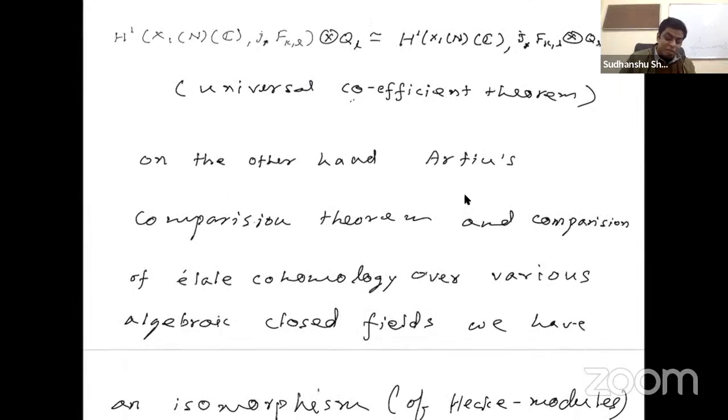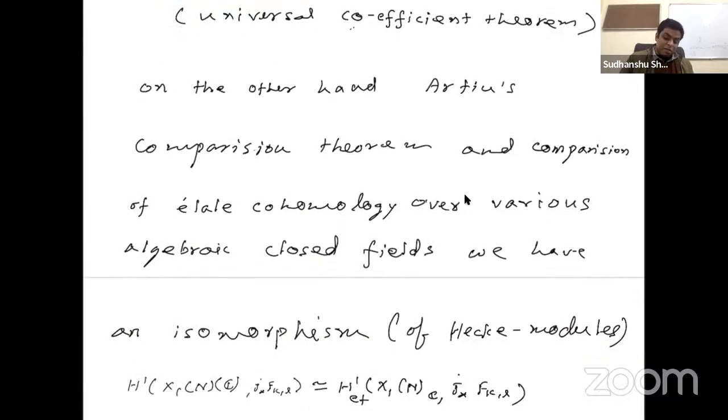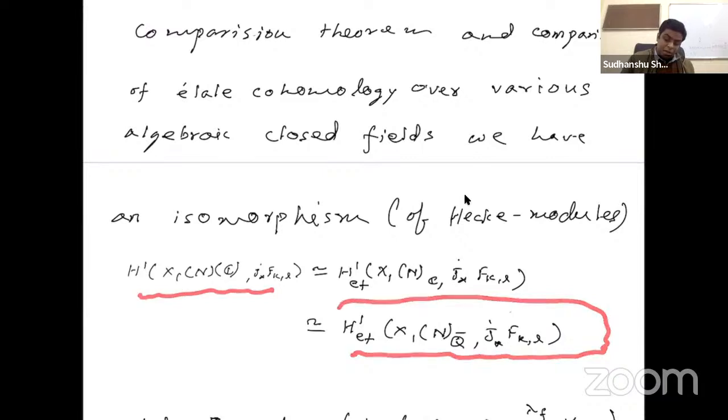And then there is also a comparison between the étale cohomology group and these singular cohomology groups, and also a comparison between the cohomology groups over different algebraically closed fields, basically C and Q bar. So if I combine all these isomorphisms, there is an isomorphism from here to this étale cohomology group with this FKL coefficients.